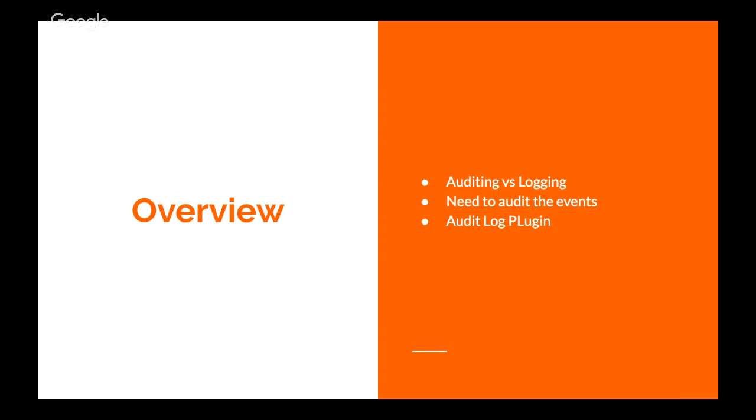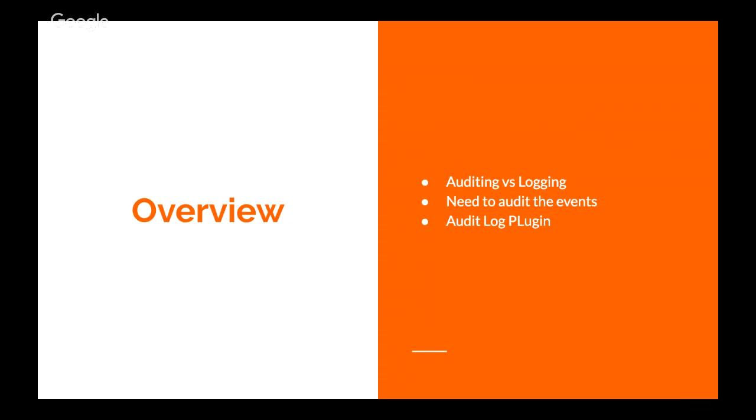Now I'll come to the audit log plugin. The audit log plugin helps us in auditing the defined events that are happening in the Jenkins environment. The goal of our project is to release plugin version 1.0 by the middle of next month. For the plugin to audit, we need to define the events and their audit attributes.